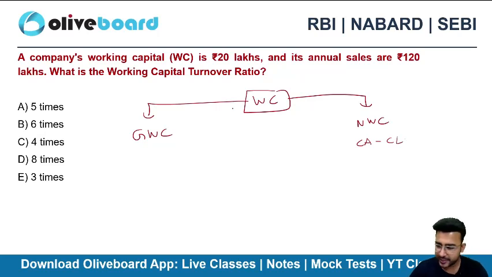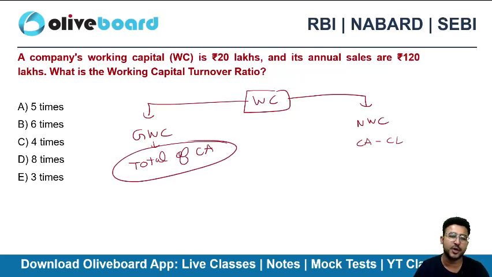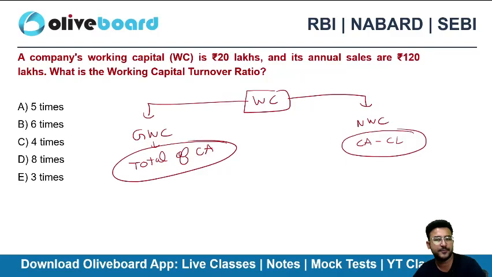That's what your net working capital is all about, right? Your gross working capital is nothing but total of current assets. Total of current assets is your gross working capital. Your net working capital means current asset minus current liabilities, right?